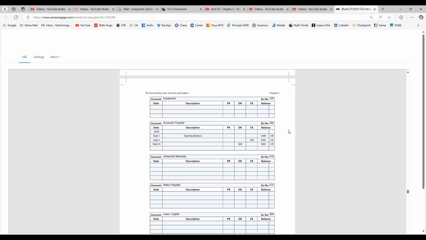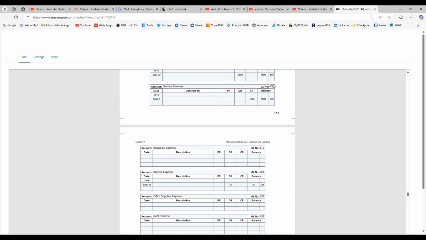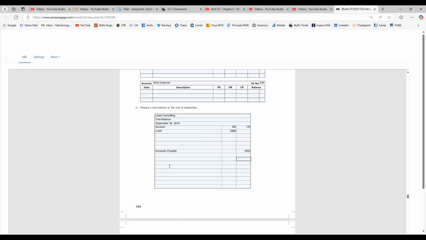And again, we calculated that by posting our journal entries. And then you'll just continue to go through and post the ending balances, debits or credits, depending on where they sit, into the account. You can follow that same listing, starting with cash, accounts receivable, now down to liabilities, accounts payable, unearned revenue, notes payable, capital, withdrawals, revenue, expenses.